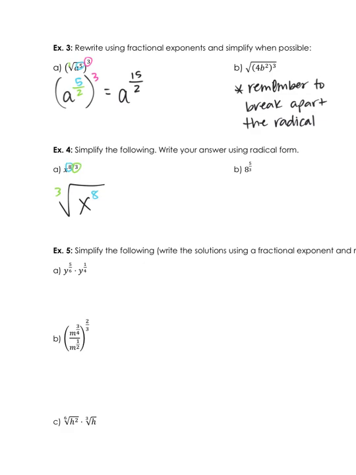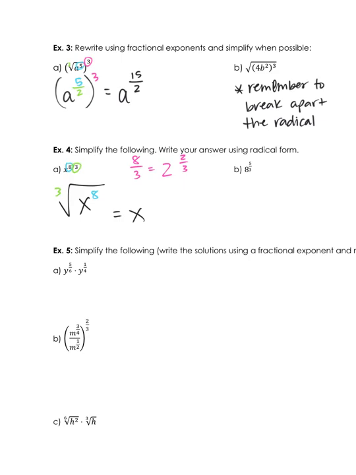Now here's something with these. When we've got a fraction like this, I find that the easiest way to simplify them is to take this fraction and make it a mixed number. So it's 2 2/3, because this 2, the whole number 2, is going to be my exponent on the outside.